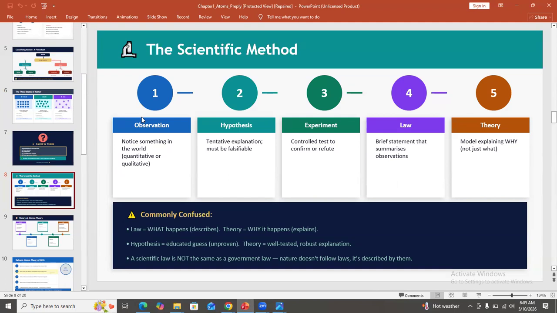So, in order to test your hypothesis, you do an experiment. You take two plants that are in the same condition, both of them dying. You give water to one plant and you don't give water to the other plant.